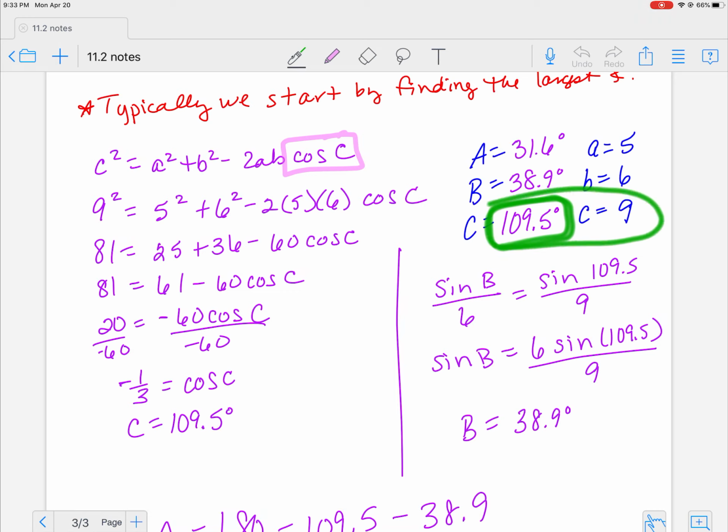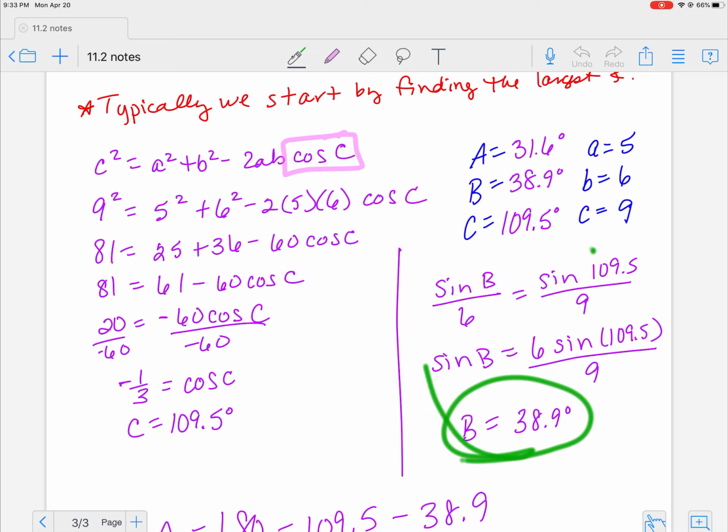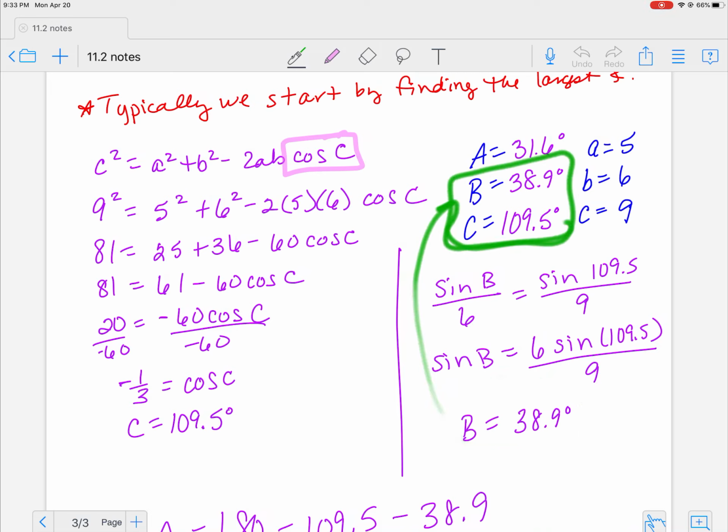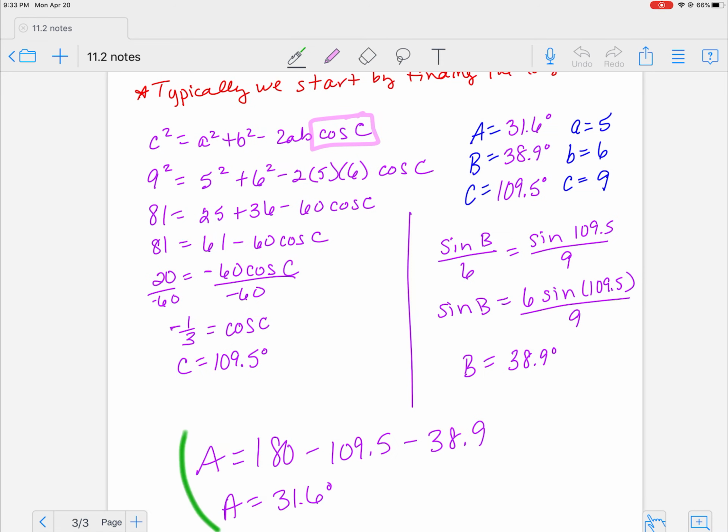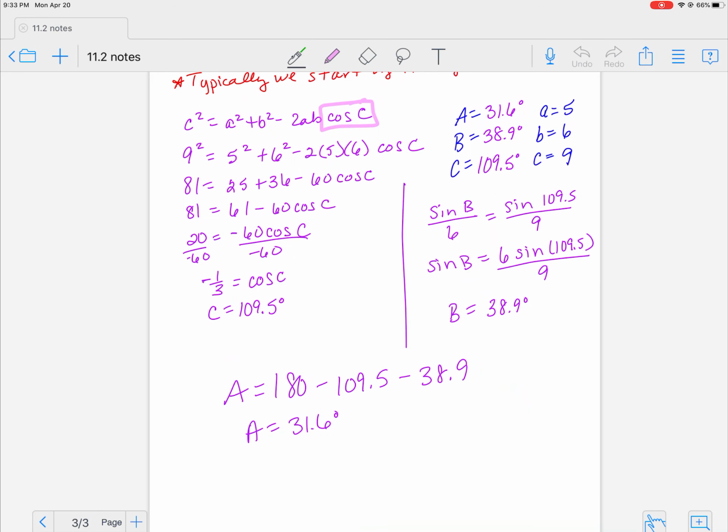As soon as you have one angle, you now have a ratio. And then just keep going on up. So sine of B now is going to be over 6. I have a ratio that I can now work with in terms of sine. So set that up. Cross multiply, and you have B. When you have two angle measures, we know that's super easy then to find the third.